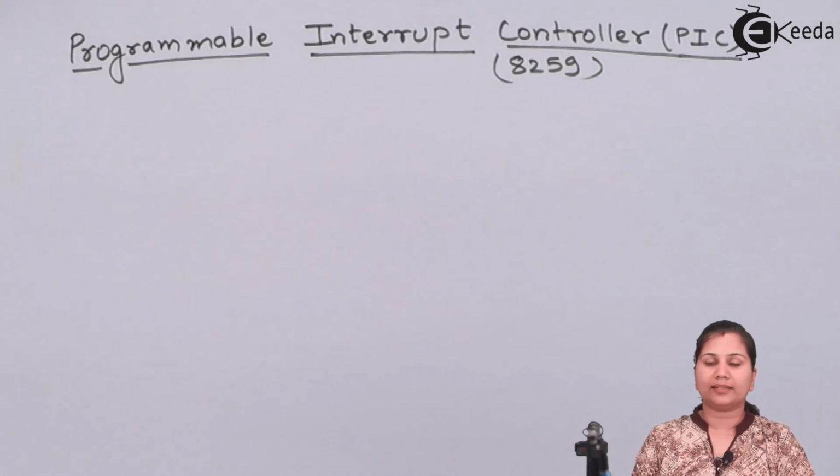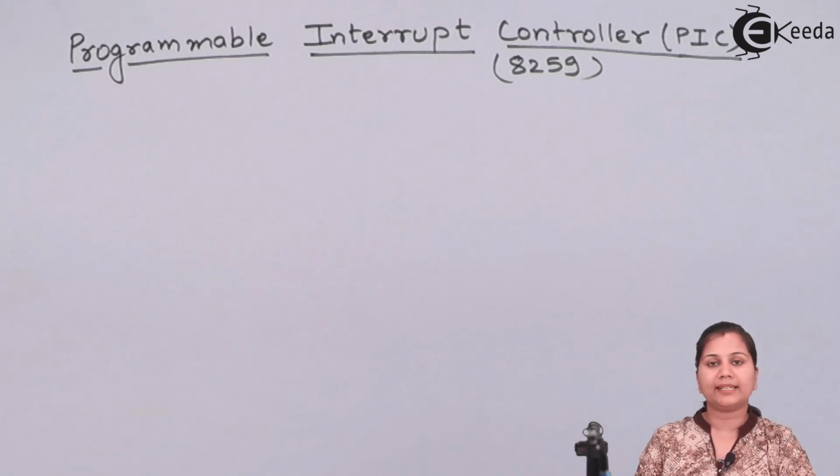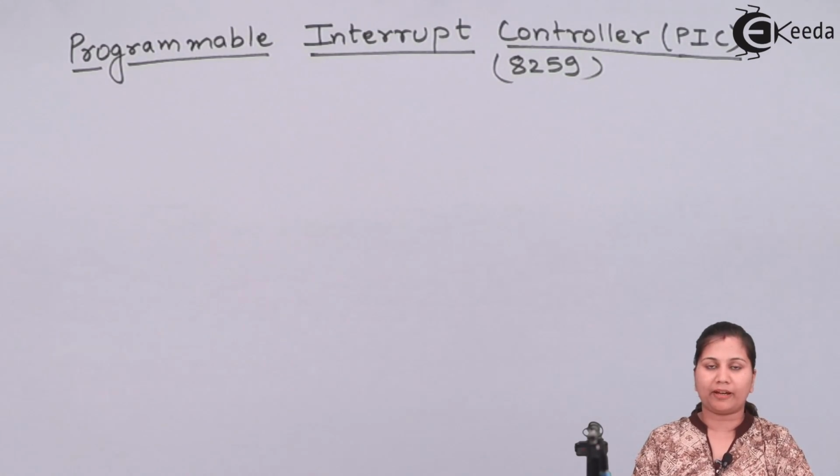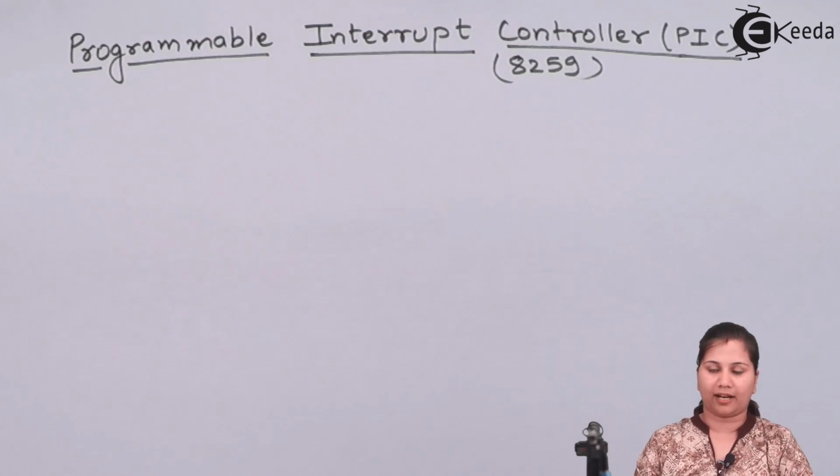Now we know that the 8085 microprocessor has 5 hardware interrupt pins, and these hardware interrupt pins are trap, RST 7.5, 6.5 and 5.5 and INTR.